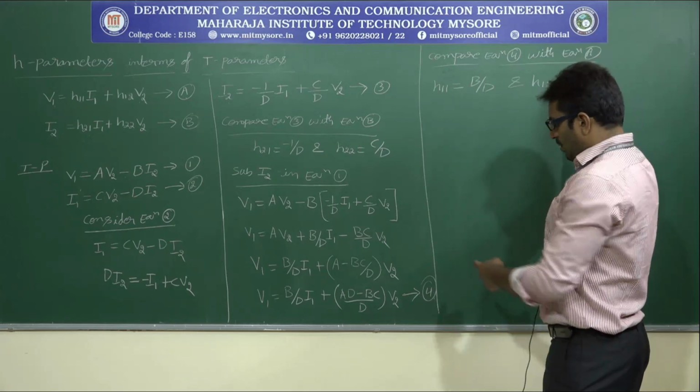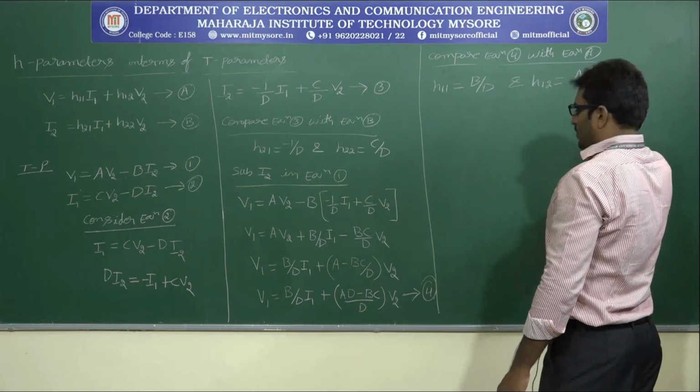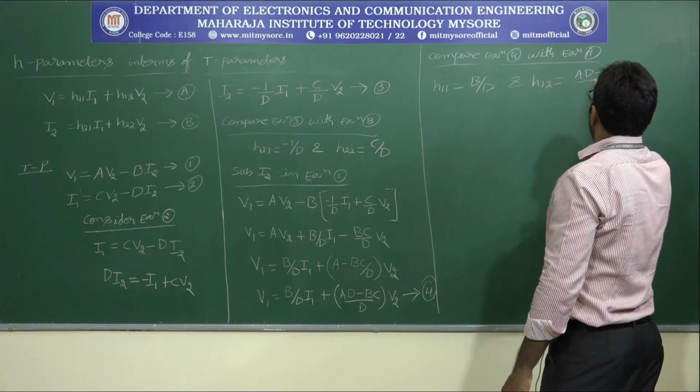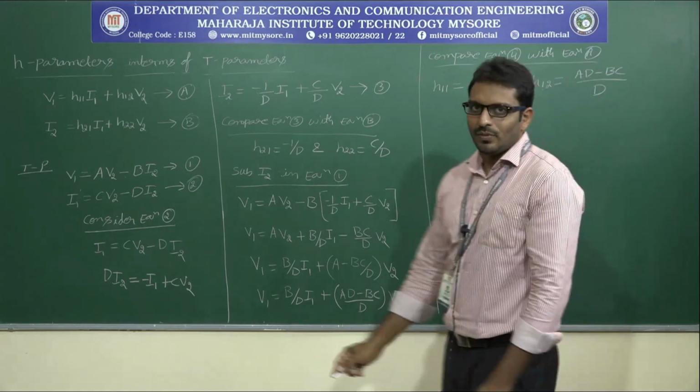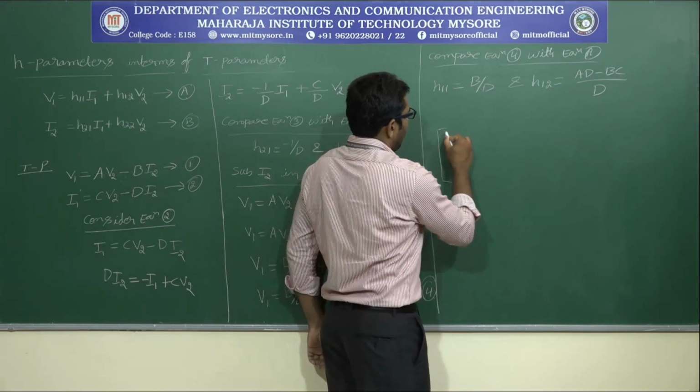H12 is equal to the coefficient of V2, which is AD minus BC divided by D. Is that clear? Finally, let us write it in the matrix form.